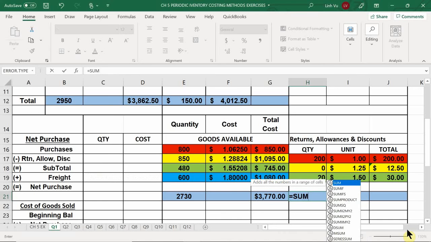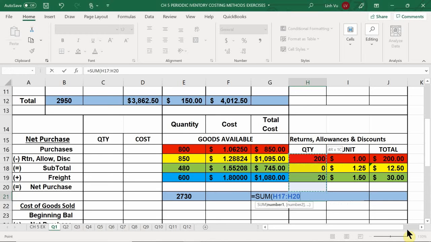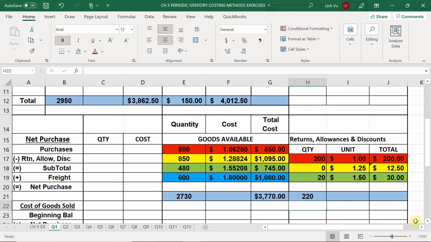How many items did I end up returning? 220. Okay, good. At a total cost of $242.50. Okay, good. Okay. So there you go. We totaled up those totals.